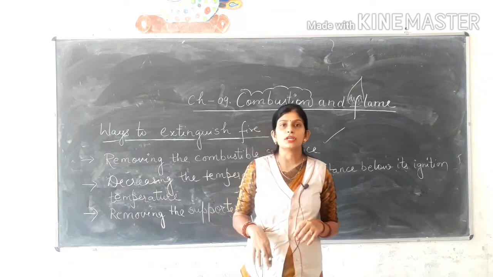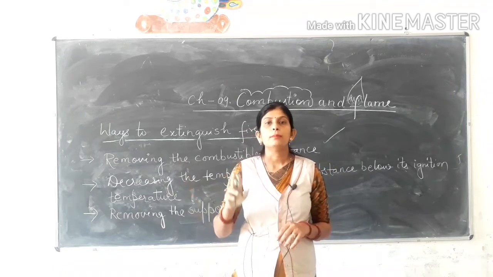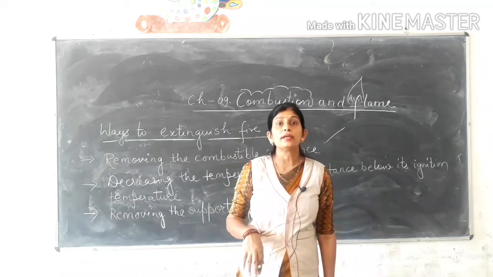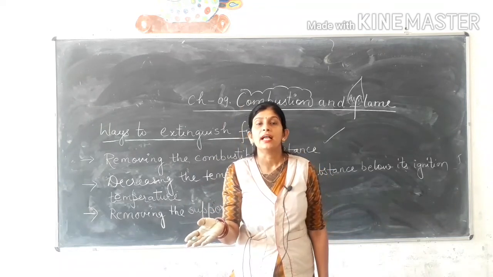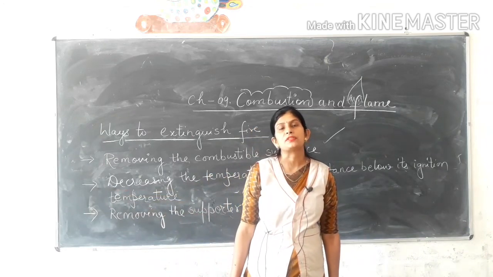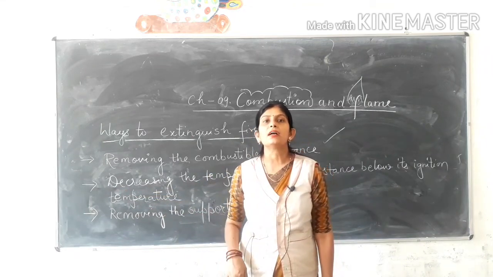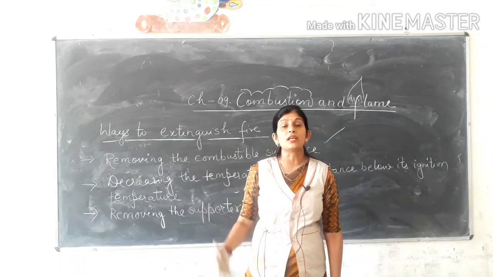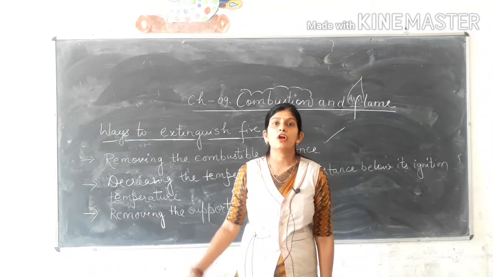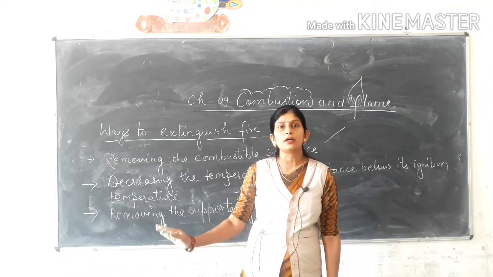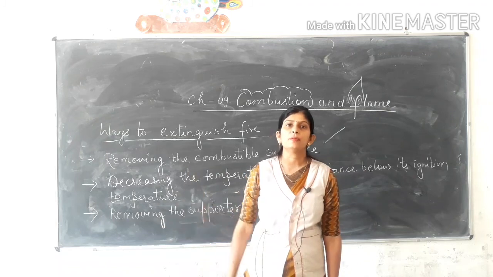Now there is a question: how does it cover? Because carbon dioxide is heavier than oxygen, it settles down, displaces the oxygen, covers the burning substances, and finally cuts off the supply of oxygen to them. Now the burning substances will not get oxygen and their burning will be stopped.